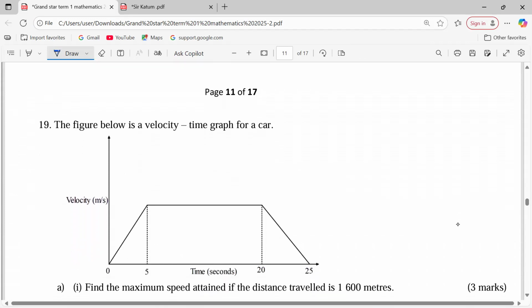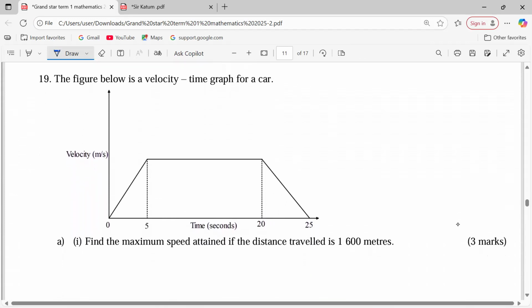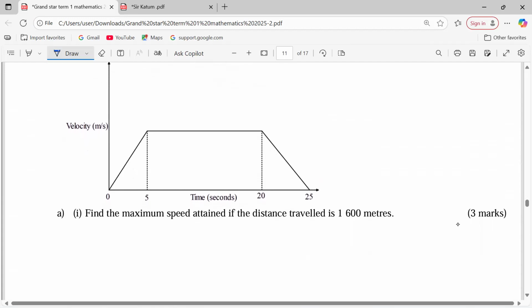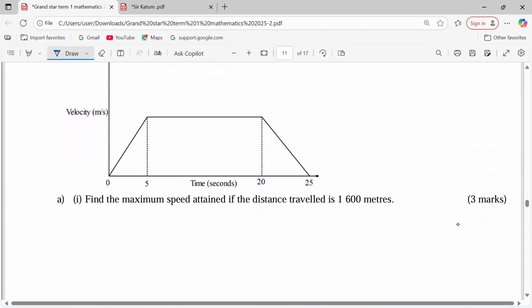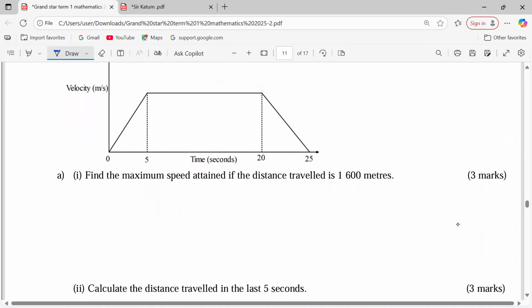Very interesting question. Number 19 now, on a velocity time graph for a car. We can see the velocity time graph, right? Find the maximum speed attained if the distance traveled is 1,600 meters.